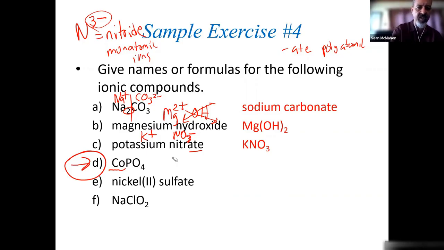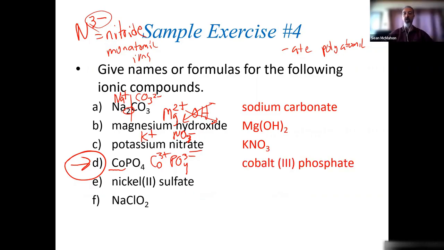So you're like, all right, phosphate. How do I know it's phosphate? It's on the 4, it has a 3-. So if it's a 1-to-1 ratio, this cobalt has to be a 3+, because to cancel out the 3- from the phosphate, which is on that 4, I need a 3+. So it's got to be cobalt(III) phosphate.